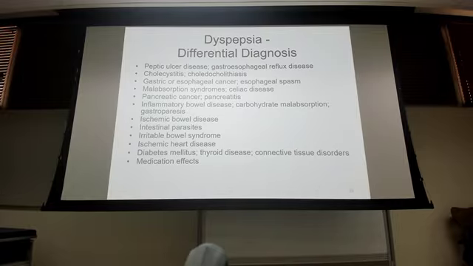Differentials, they are long, but I hit a lot of them there. I don't expect you to know every differential, but just think about it, right? If the patient's having burning or painful epigastric pain, but they have other signs and symptoms other than just the postprandial fullness or the early satiety or those few things that we talked about, then you need to start thinking about these differentials.